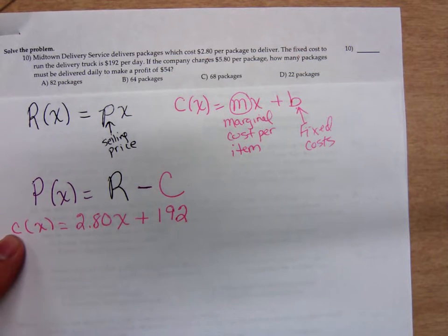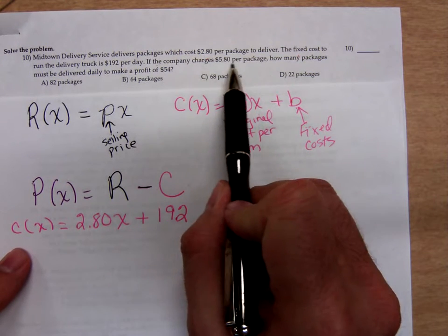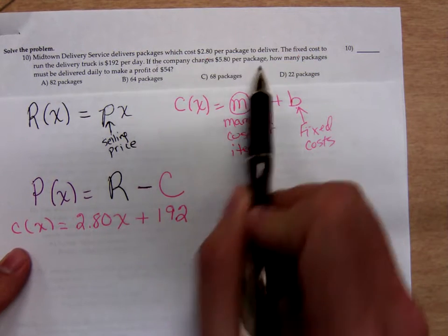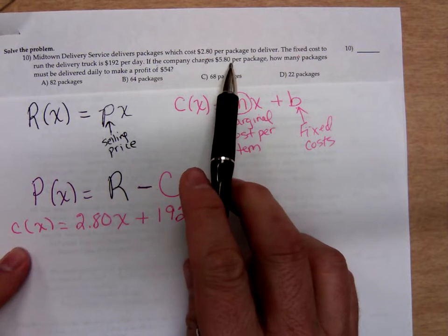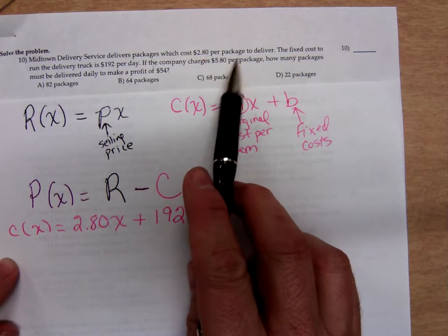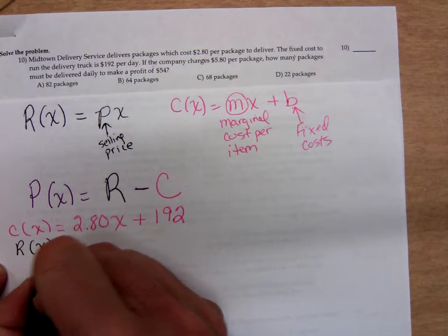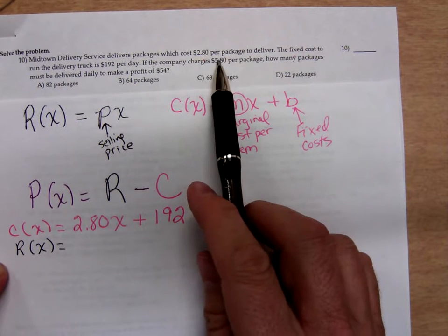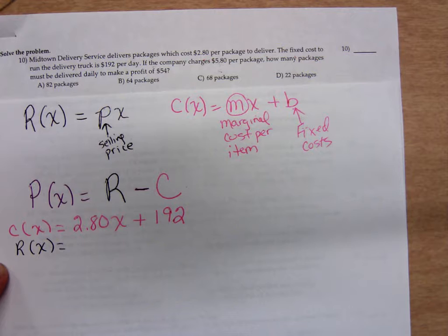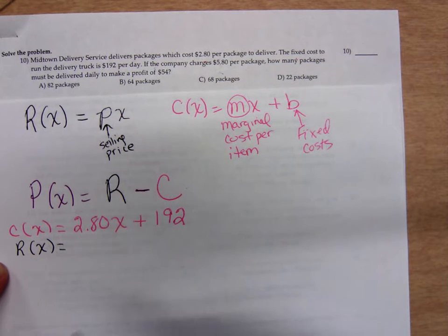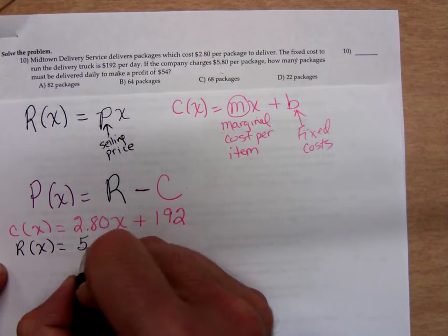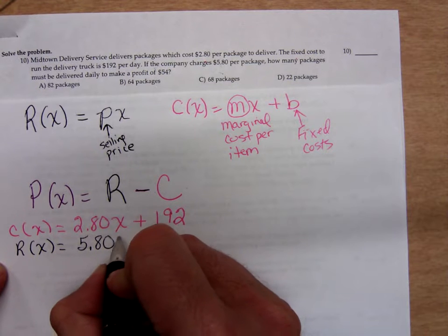The next piece of information tells you how to write the revenue function. They're charging $5.80 to deliver these packages. So that's how much money they're taking in from the people that are getting them to deliver. This isn't some big company like UPS or anything.